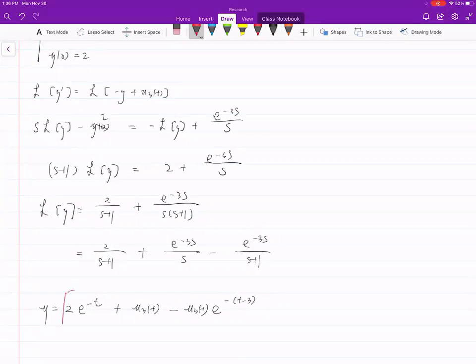In this way, we solve the two differential equations in one step.